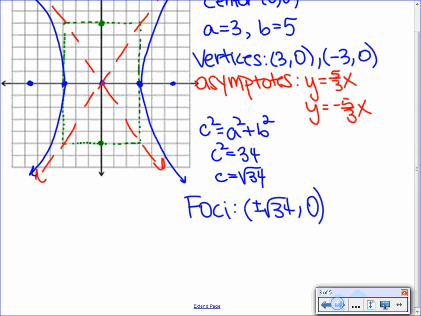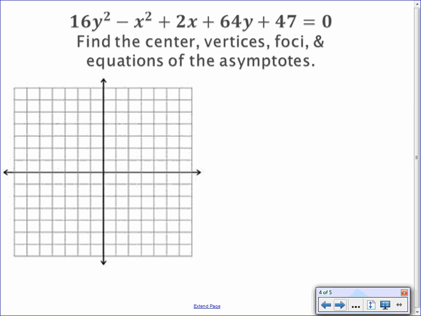Okay, let's do a little bit more work. First of all, how do we know this is a hyperbola? We have two square terms where one of them is negative.